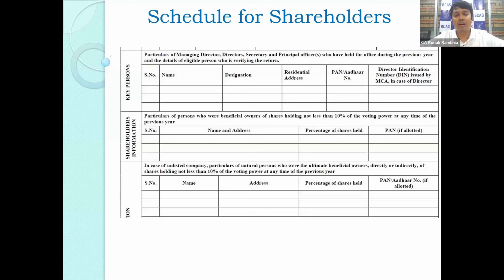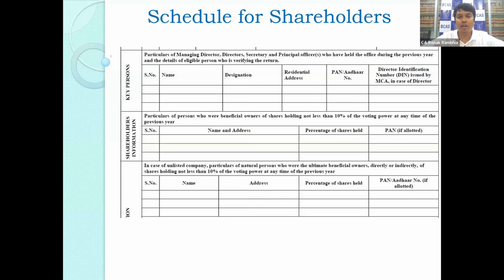So if you have layers of investment of your assessee, you have to mention who is the natural person or the ultimate beneficial owner of your corporate assessee holding the said equity shares of more than 10% of the voting power.